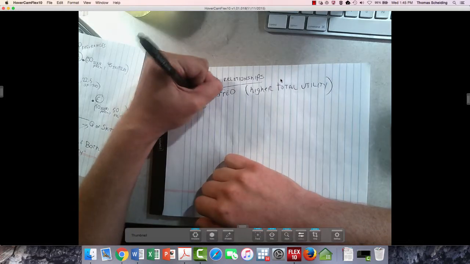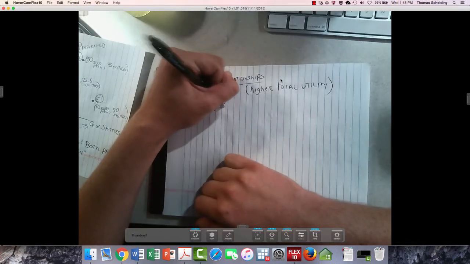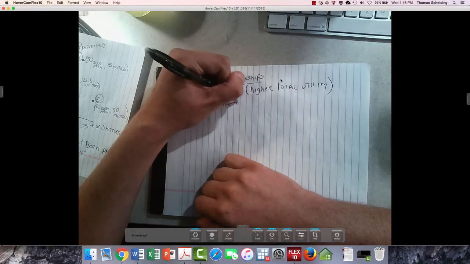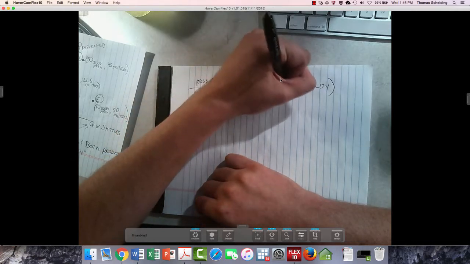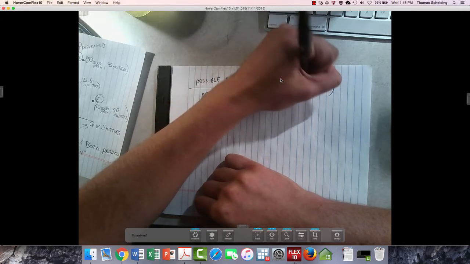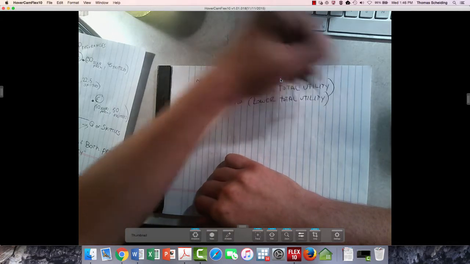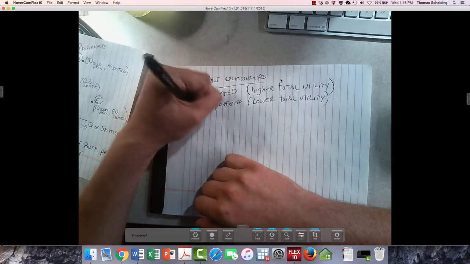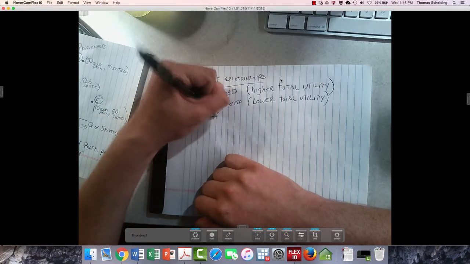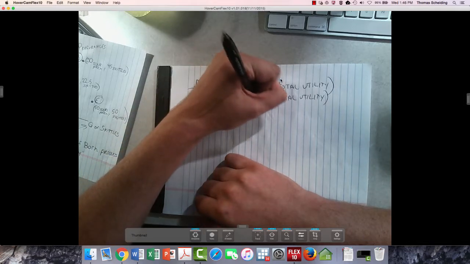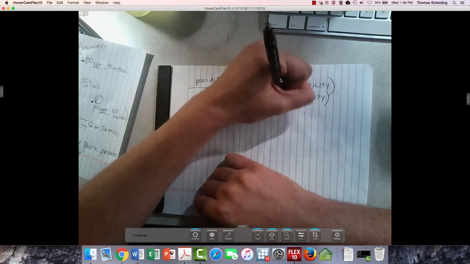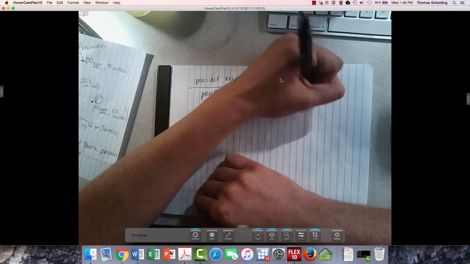The bundles could be not preferred. Some bundle could be not preferred, and I would say that it has lower total utility. Or you could be indifferent, meaning that the same total utility exists.